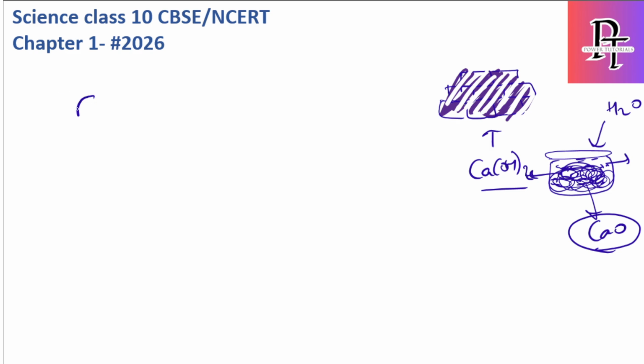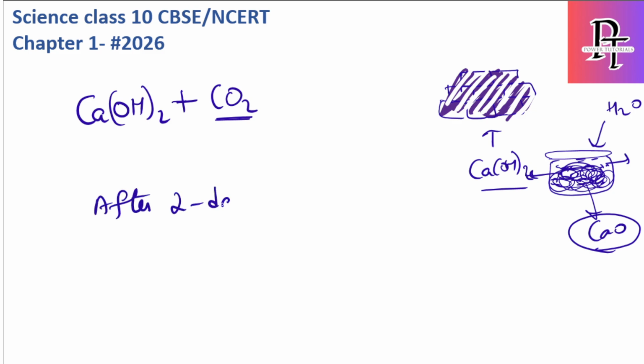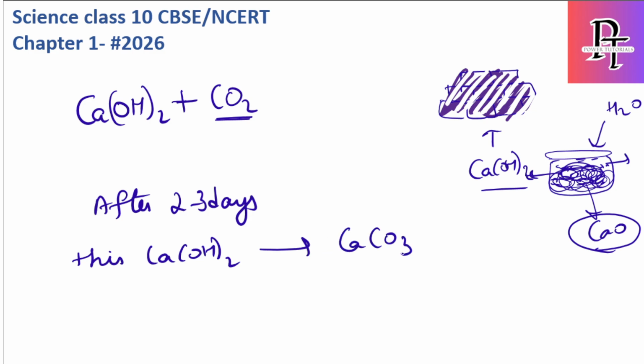What will happen is, the Ca(OH)2 which is formed, and we also have a gas called CO2, which is carbon dioxide in the air. After 2 to 3 days, it will take at least 2 to 3 days, the Ca(OH)2 will, with the help of CO2, convert into CaCO3, which is nothing but calcium carbonate.